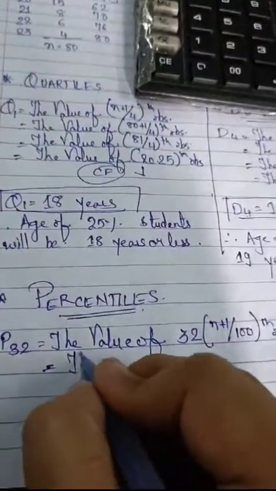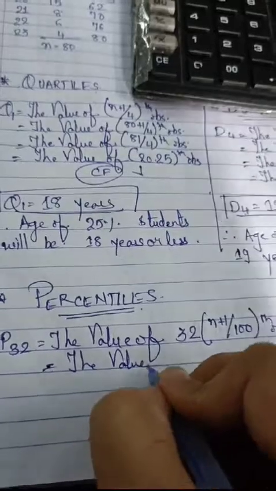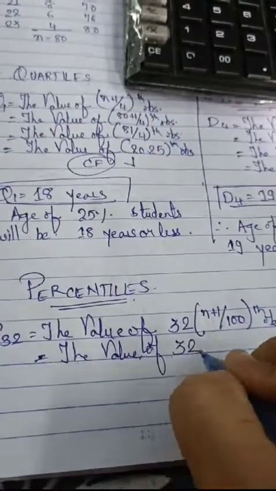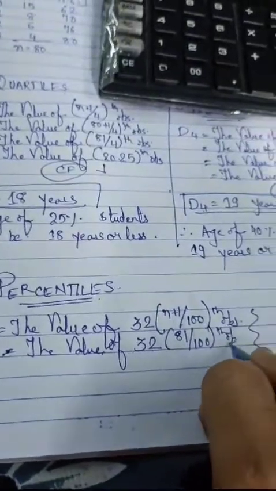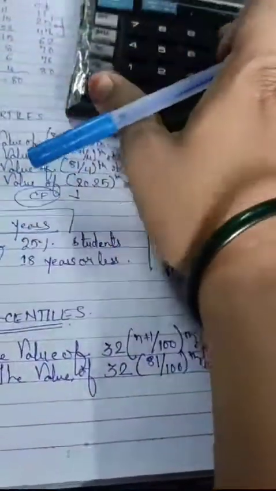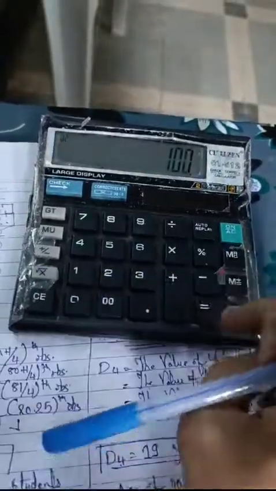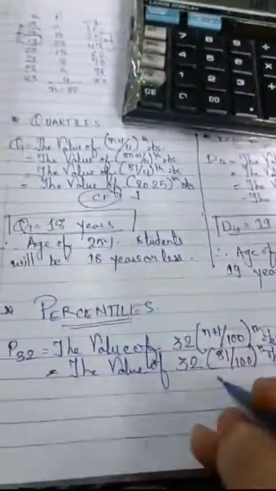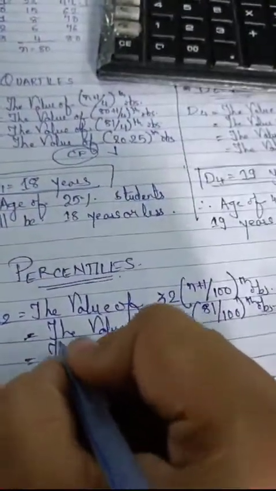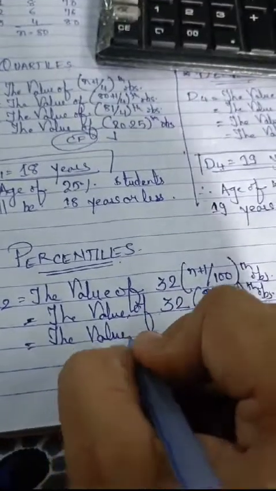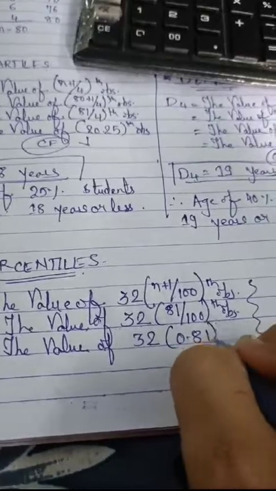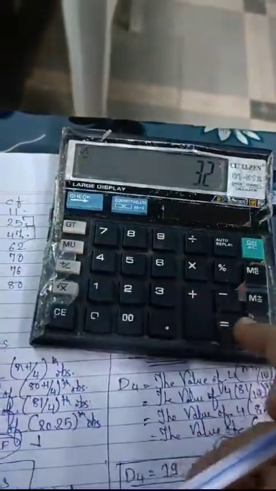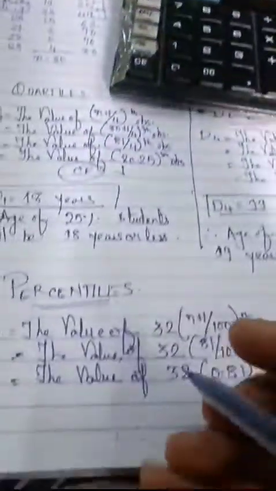So here the value of 32 into 81 divided by 100th observation. 81 divided by 100 is 0.81, and then the value of 32 into 0.81 observation, multiplied by 32, is 25.92.